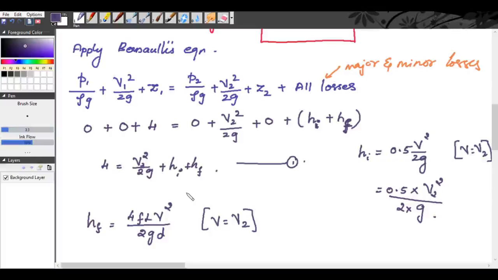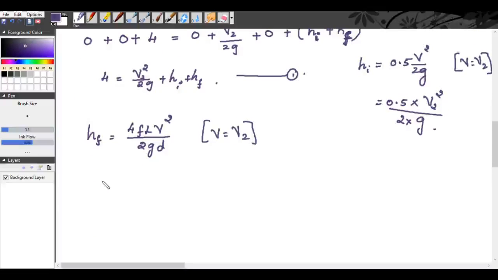Because at section 1 velocity is equal to 0, there is only one velocity, which we take as V2, the velocity at section 2. So that will be considered as V. So V2 is equal to V. Now we will substitute in this formula. So equation number 1 implies 4 is equal to V square by 2G plus HI.